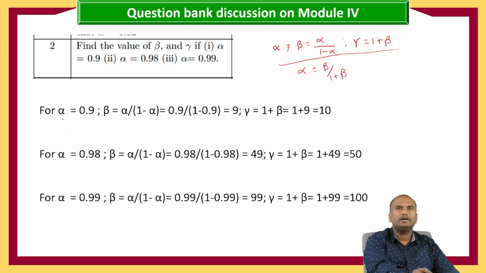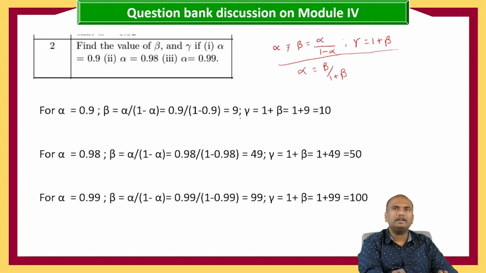Here the alpha value is given, and we need to calculate the beta and gamma values. For the first value, alpha is 0.9, beta is equal to alpha by 1 minus alpha, which is 0.9 divided by 1 minus 0.9, that is 0.9 divided by 0.1, which gives 9.